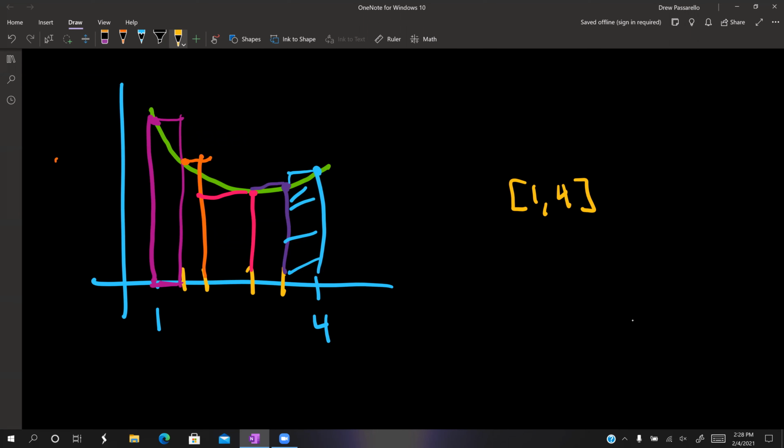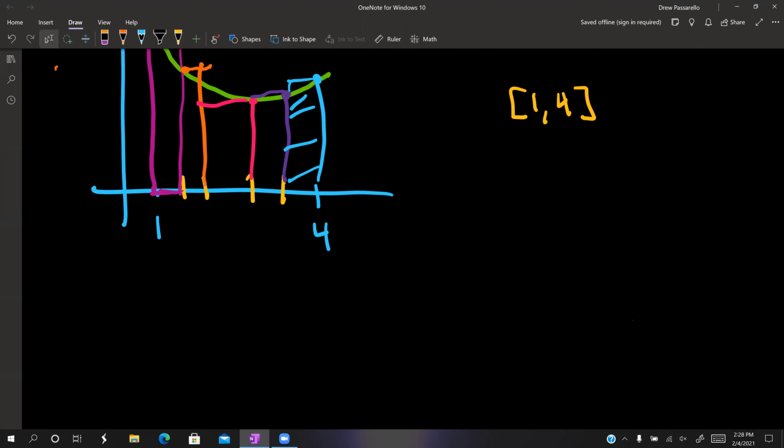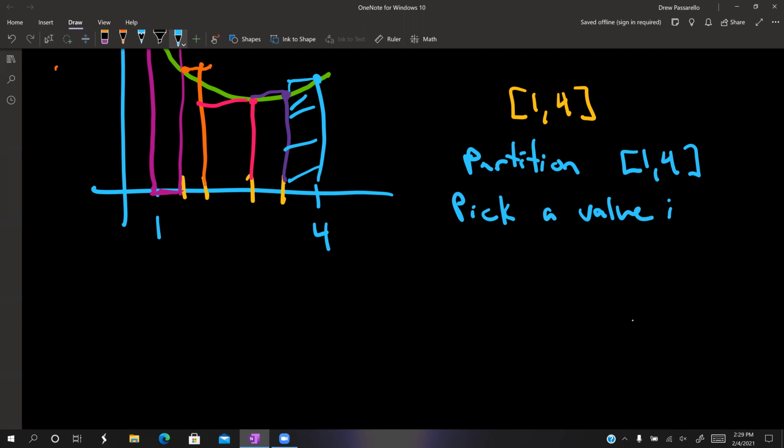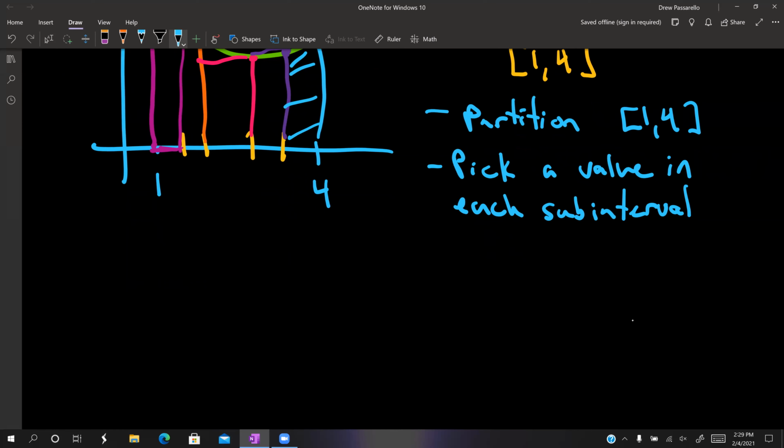So what we did was we partitioned our interval 1 to 4, and then we picked an endpoint, or a value, in each subinterval to evaluate to get the height of the rectangle.